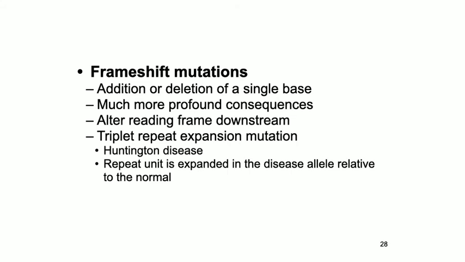And when there are too many of these repeats, it can cause very severe consequences, as can be seen in Huntington disease, which usually shows up in middle age and causes incredible deterioration of brain function. And it's a pretty complex situation here. I'm not going to ask you specifics about triplet repeats, but you do need to know what a frame shift mutation is and what its consequences are.